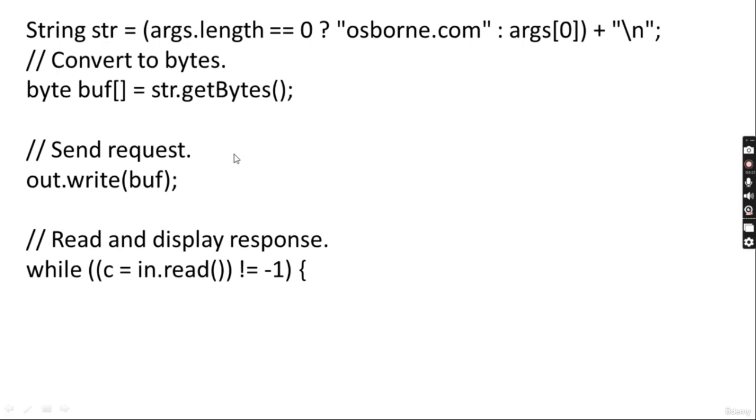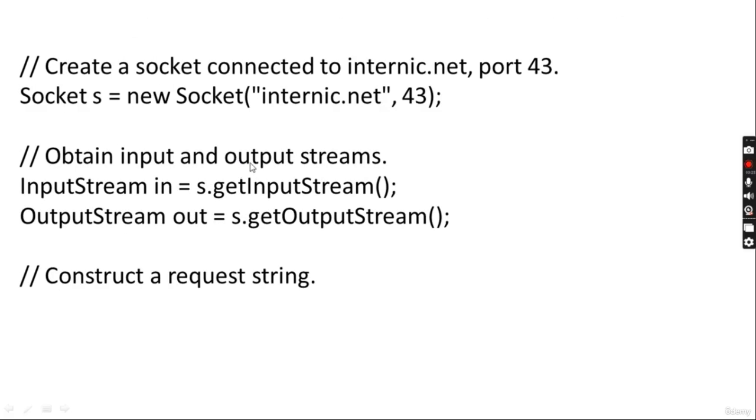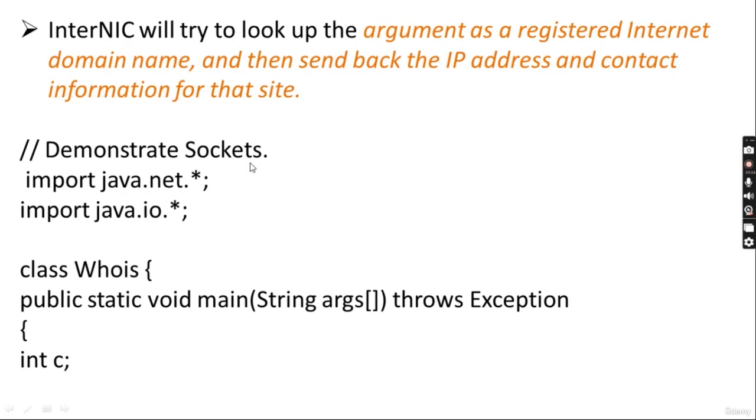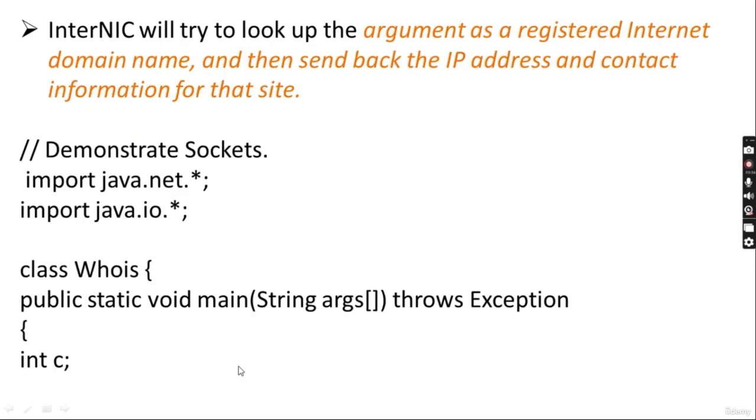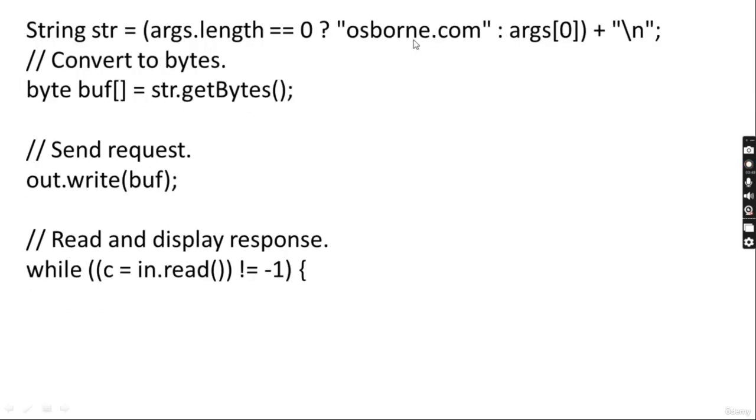Okay, so what is the motto when we run this program? First of all, it sends a command line argument down to the socket and then prints the data. Whenever we give the argument to the InterNIC server, it will look it up as a registered internet domain name. Here we are passing osborne.com as an exception.